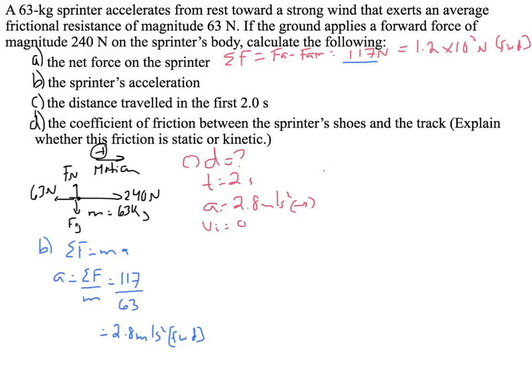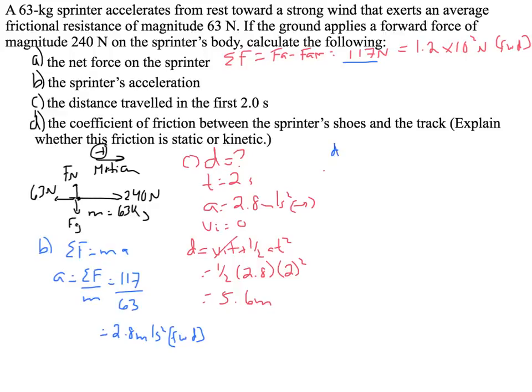So we're going to use our equation, D equals VIT plus 1/2 AT squared. That one's going to cross out because it's just 0, so we're left with 1/2 times 2.8 times 2 squared. So that works out to be 5.6 meters. And it's just asking for distance, so we don't need to have a direction.